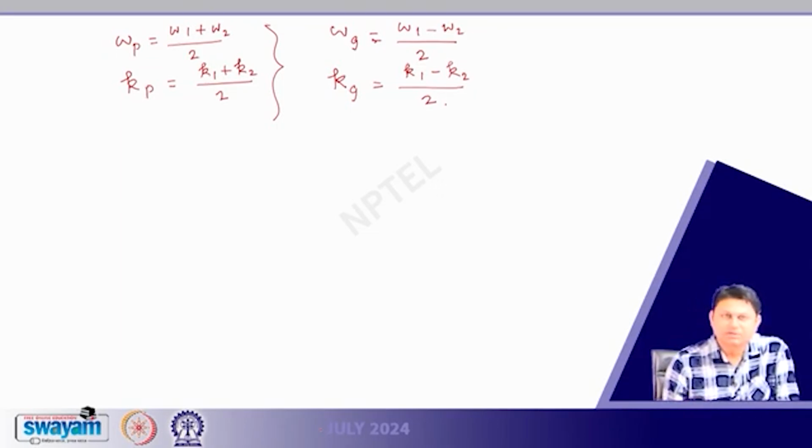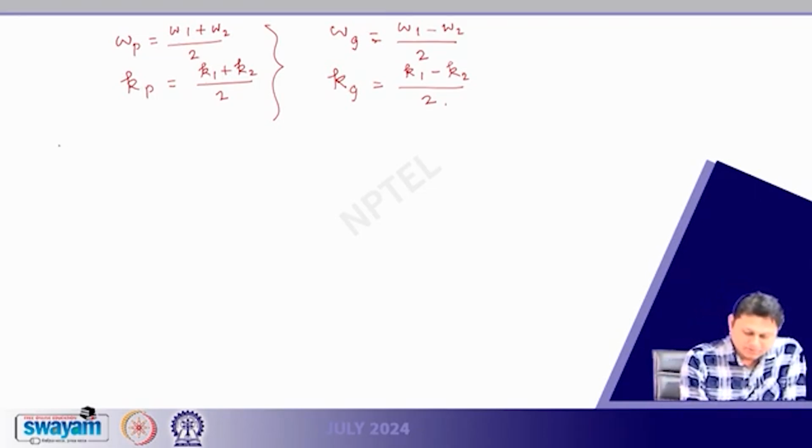they are related to the initial frequencies that the waves had, that is omega 1, omega 2, and the initial k vectors, the propagation constants, which are K1 and K2.